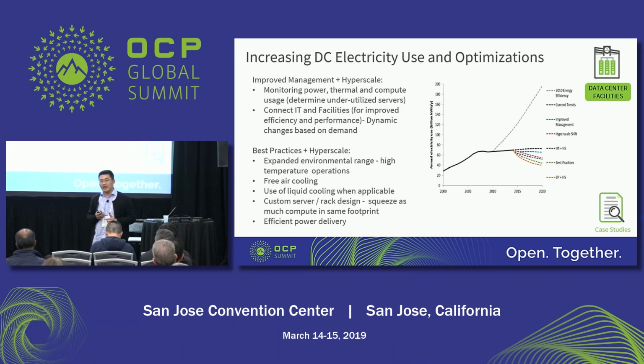Why do we care so much about the data center facility? Look at this chart. If we were still at 2010 energy efficiency, by 2020 the annual electricity use would be huge.